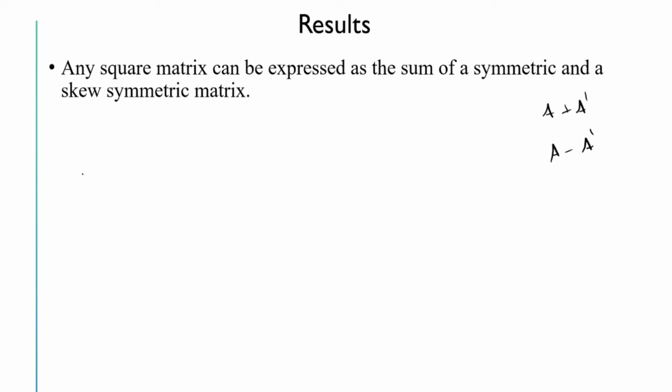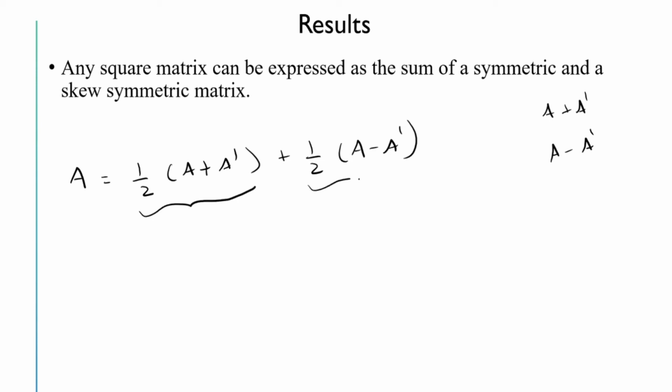So we can write any square matrix A is equal to half into A plus A transpose plus half into A minus A transpose. This part will be a symmetric matrix and this part will be a skew symmetric matrix. So we can express any square matrix as the sum of a symmetric matrix and a skew symmetric matrix.